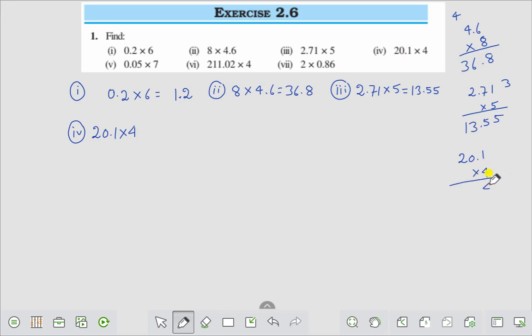That is 4 ones are 4, 4 zeros are 0, 4 twos are 8. And here you see the point is after one digit on the left side. So we give the point after one digit, that is 80.4. Therefore, it will be 80.4.